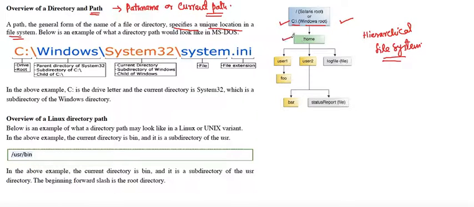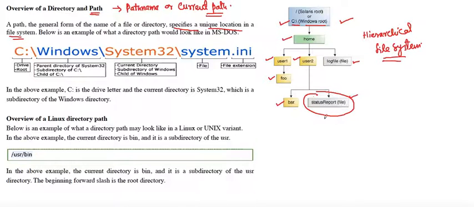Then we have the home folder. Under the home folder we have three items: subdirectories user1 and user2, and a file, the log file. Inside user1 we have another directory called foo, and inside user2 we have one subdirectory called bar and a file called status report.